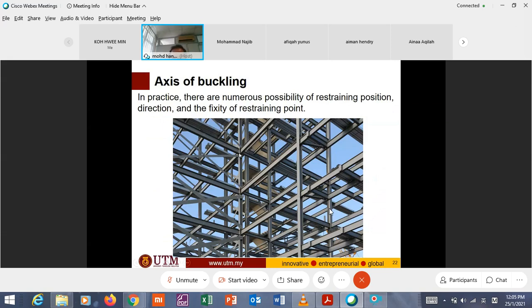Here, it is restrained in both directions. And there are many more examples here. So depending on the direction of restraint, you have to calculate the buckling strength.